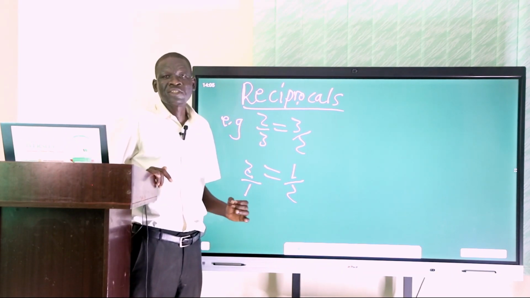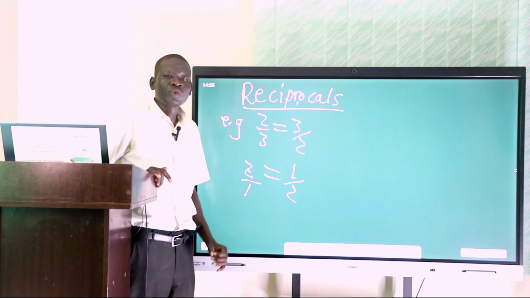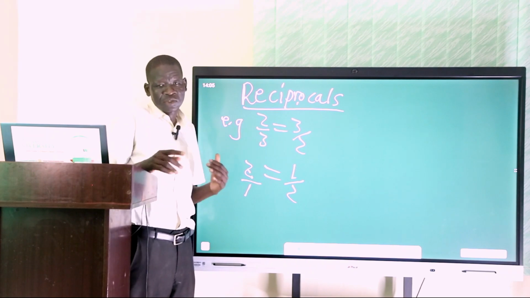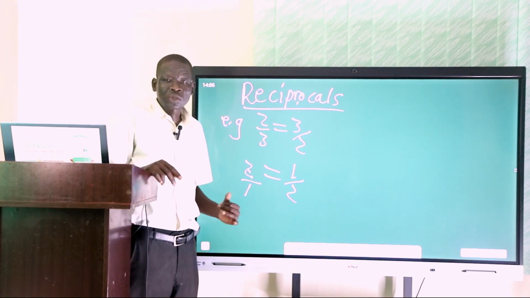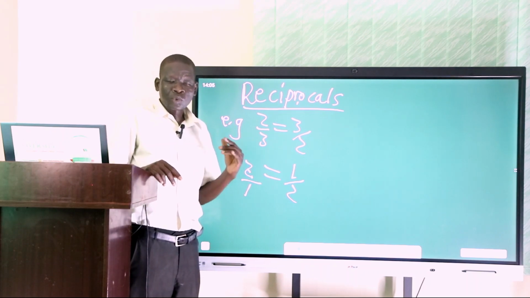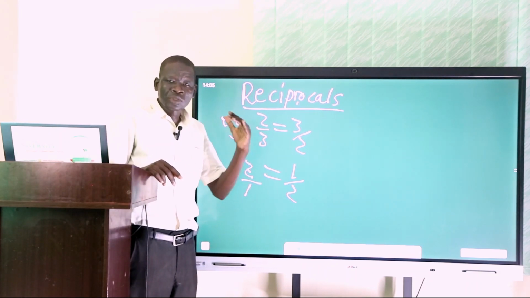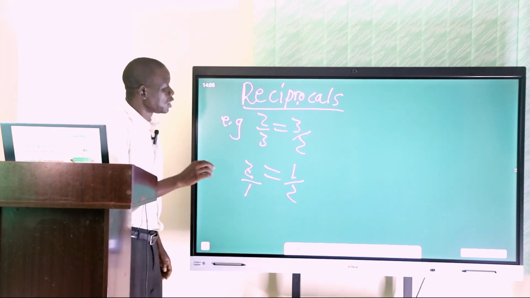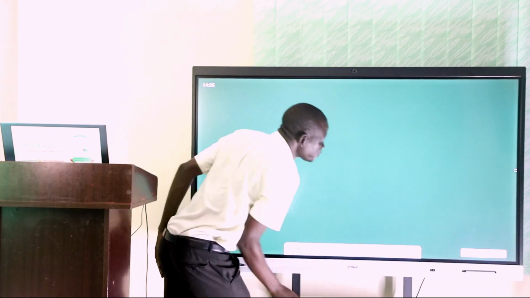After that, you multiply that letter by the given figure and then equate it to 1. Then you solve for the value of the unknown. When you solve it, what you get will be equal to the reciprocal of that number. For example, let us look at an example.